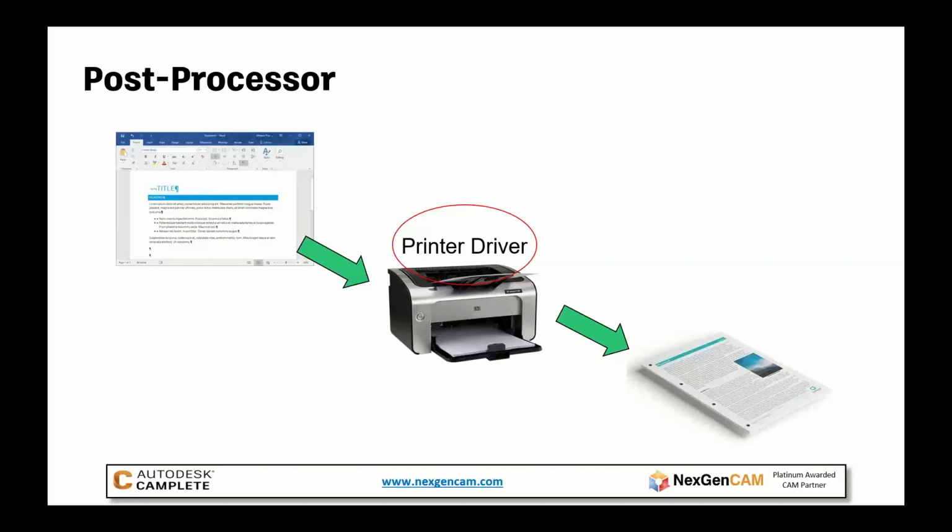Really, the process as a whole is very streamlined and easy from a user's perspective. And all of that information on how the printer actually handles the printing job is handled by the printer driver.